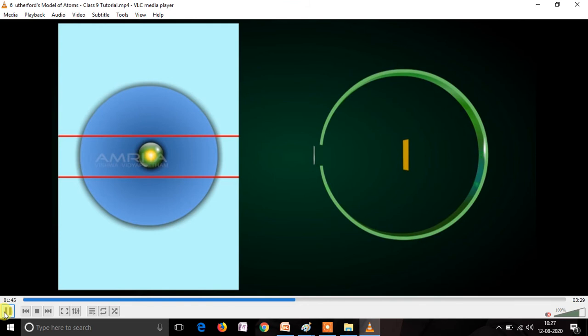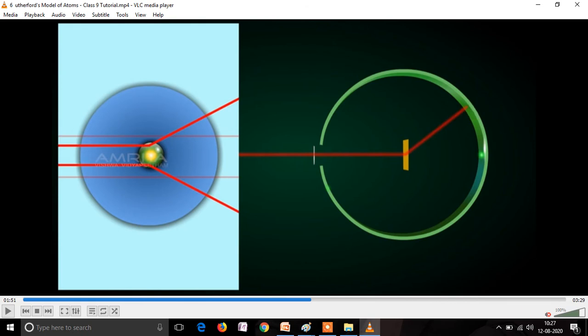The second thing which Rutherford observed was that a few particles made scintillations a short distance away from the center point of the zinc sulfide screen.